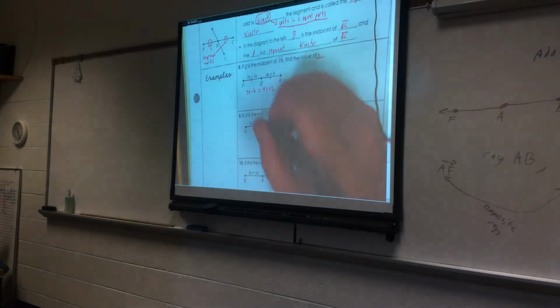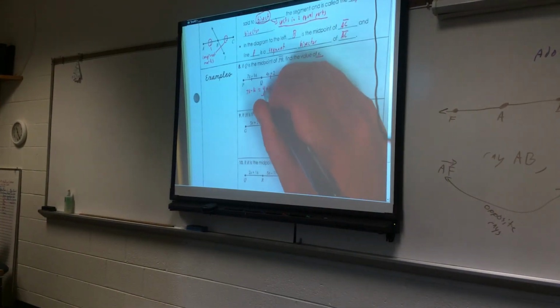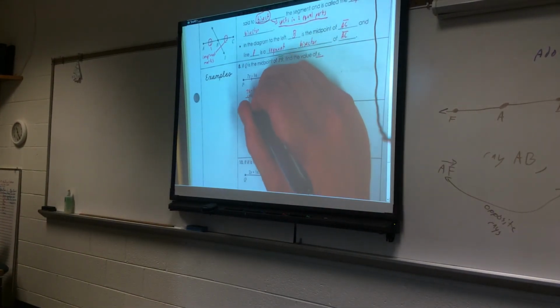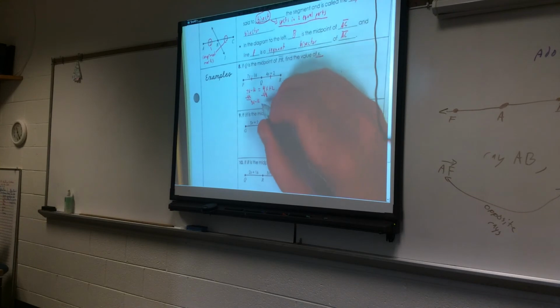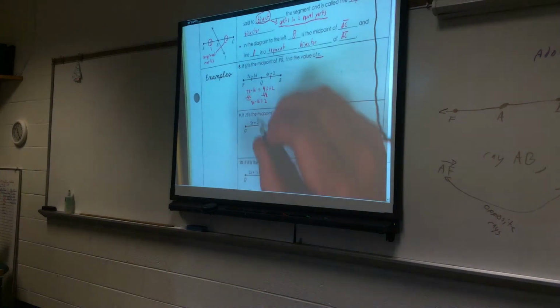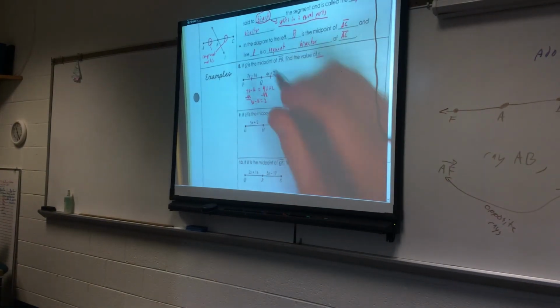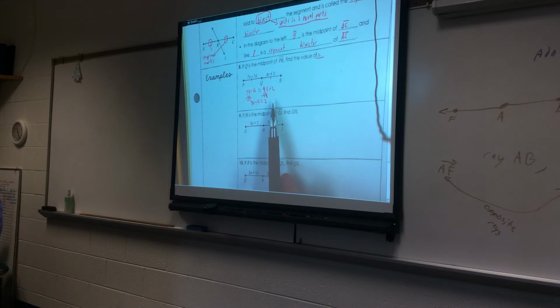So I would subtract 4x from the right side, and that leaves me with 3x minus 16. And then that leaves me with just 2 on the right. Not negative 2, because it's 4x plus 2.